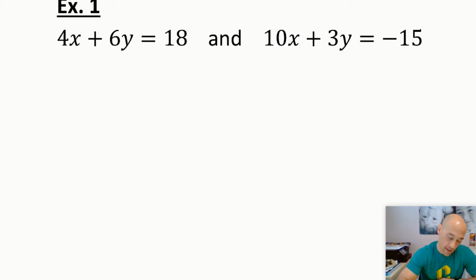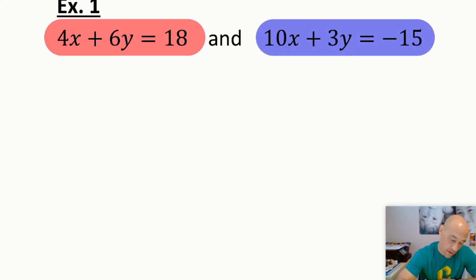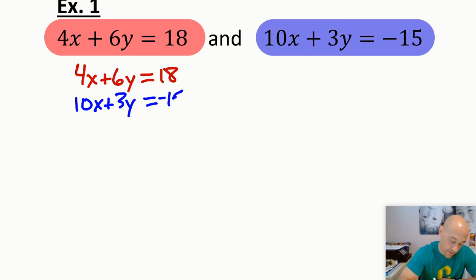I'm going to take the red and blue equations and stack them right on top of each other. So I'll have 4x plus 6y equals 18 and 10x plus 3y equals negative 15.